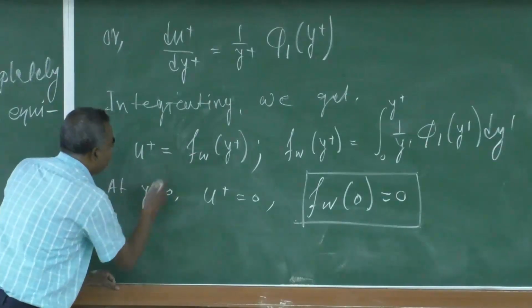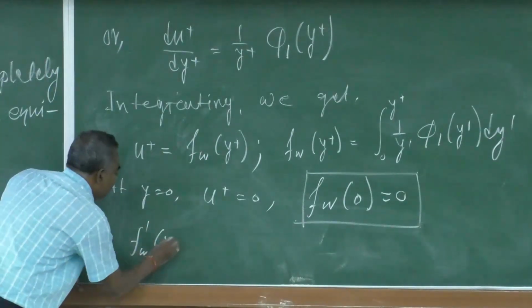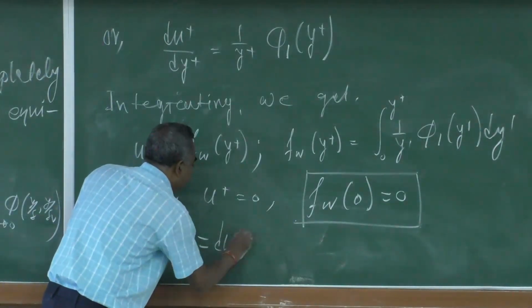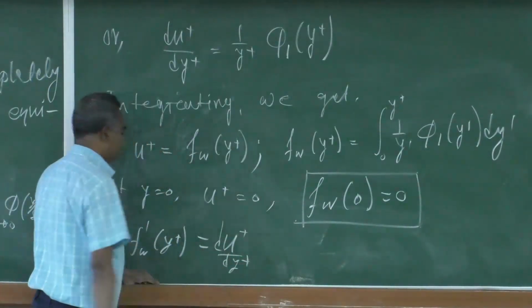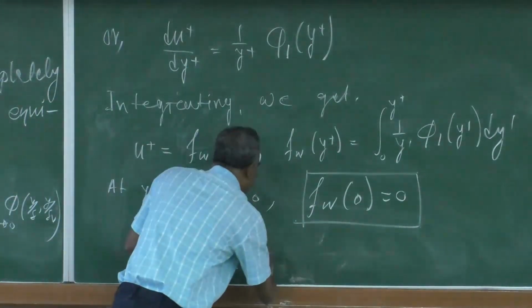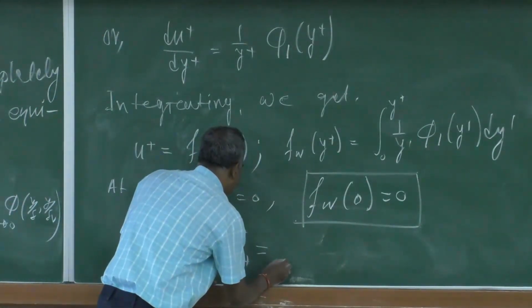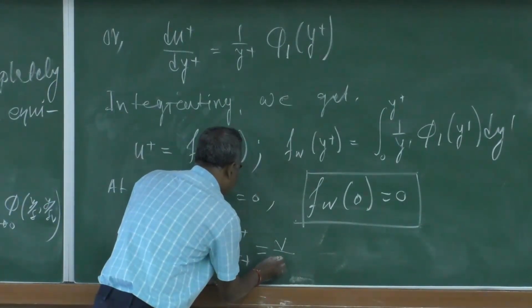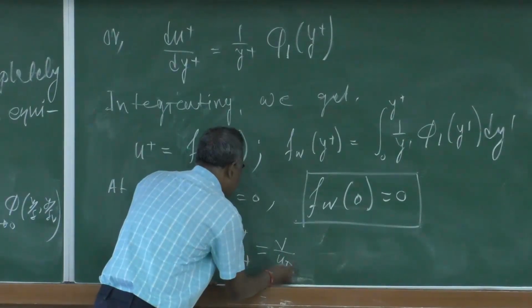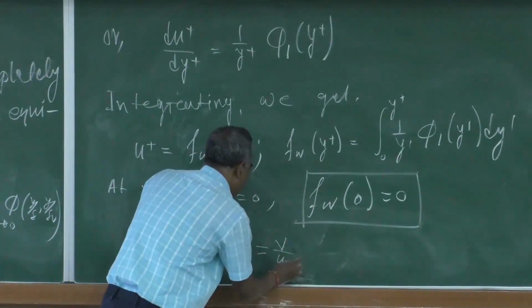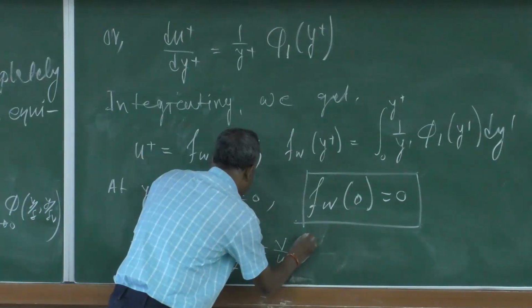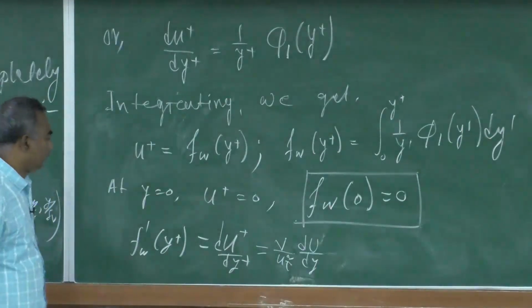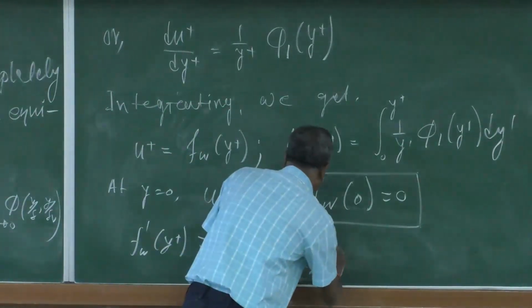The derivative is nothing but y plus equals du plus dy plus, and this is basically nu by u tau square, then du dy.